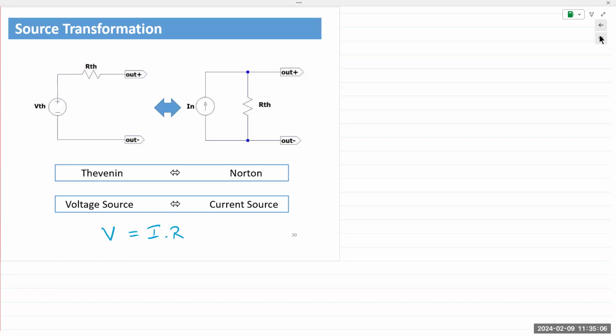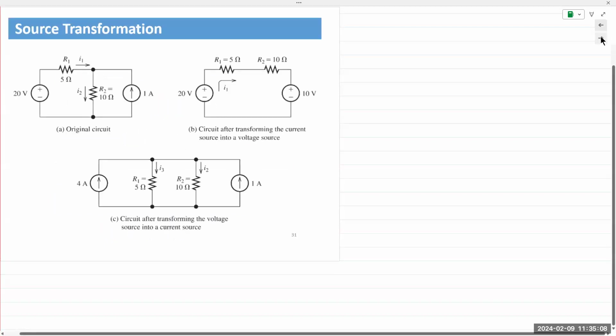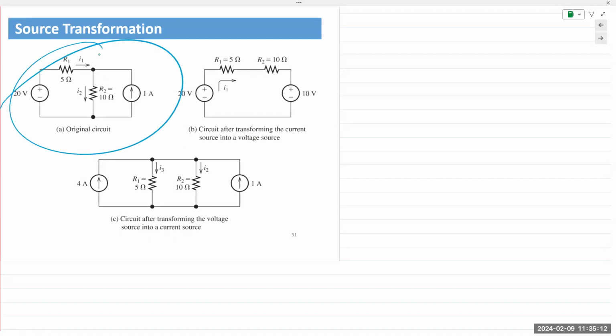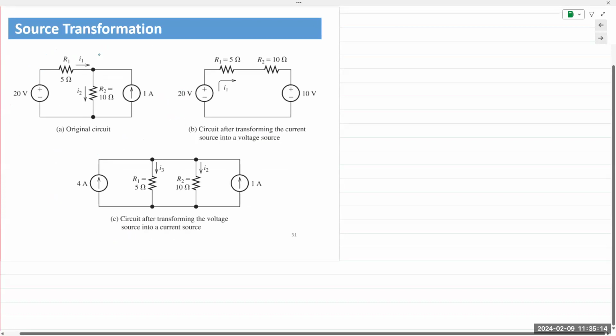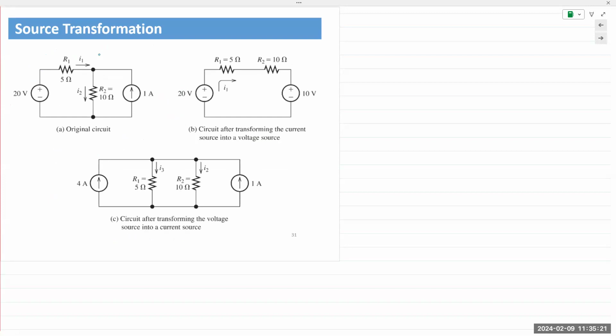Let's look at an example so it will make more sense. We have the circuit here in A, right? Two sources, a 20 volt voltage source and a 1 amp current source, and two resistors. Simple as far as circuits go.